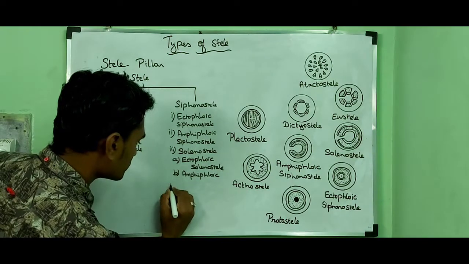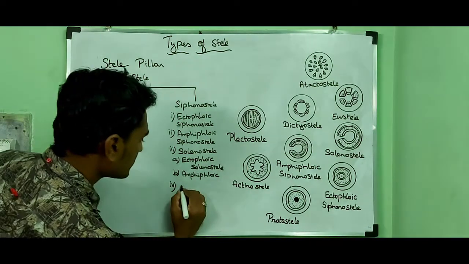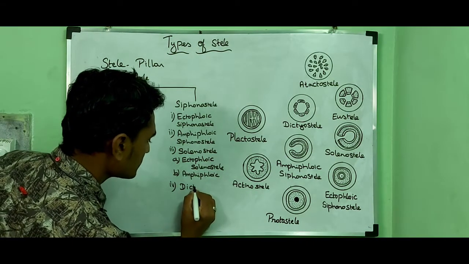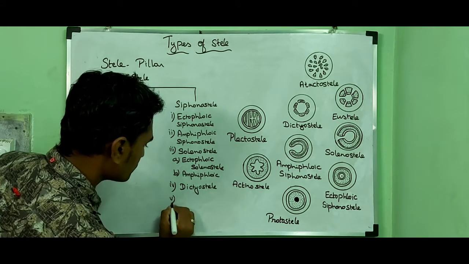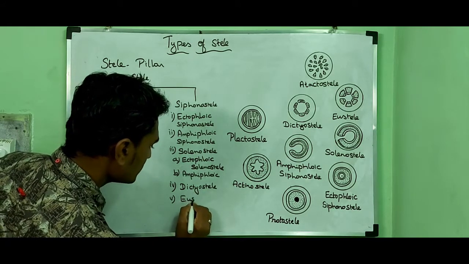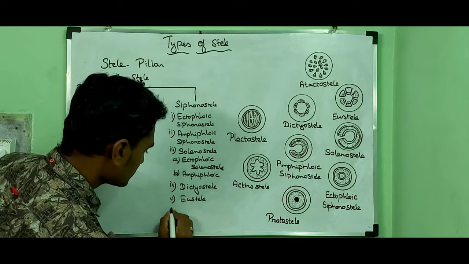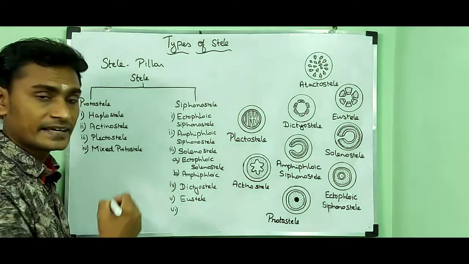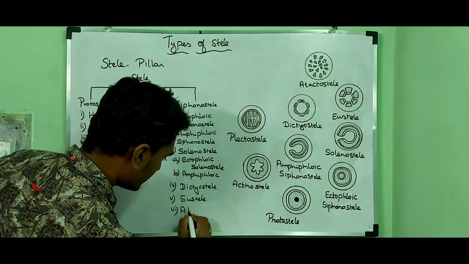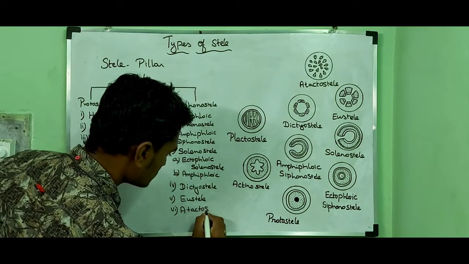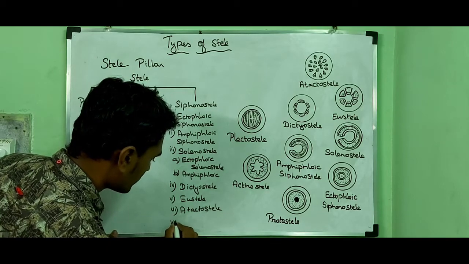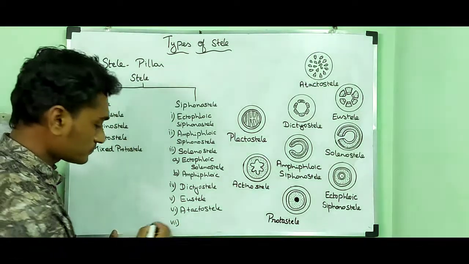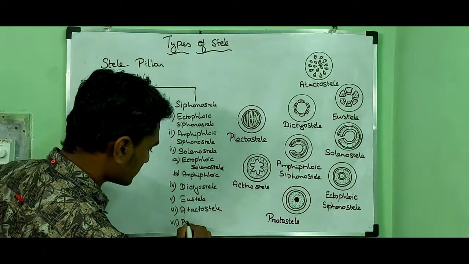Then the fourth type is dictyosteel. Then the fifth type is U-steel. The sixth type is atactosteel. Then the final type, the seventh type, is polycyclic steel.